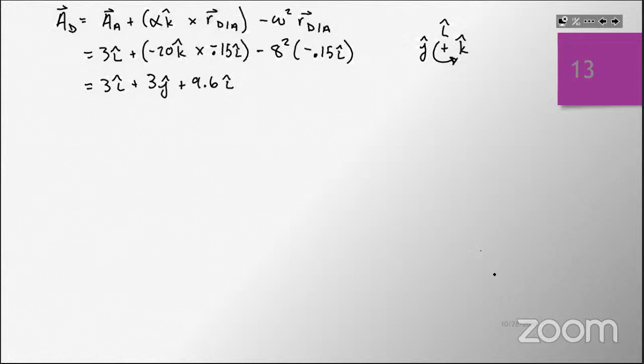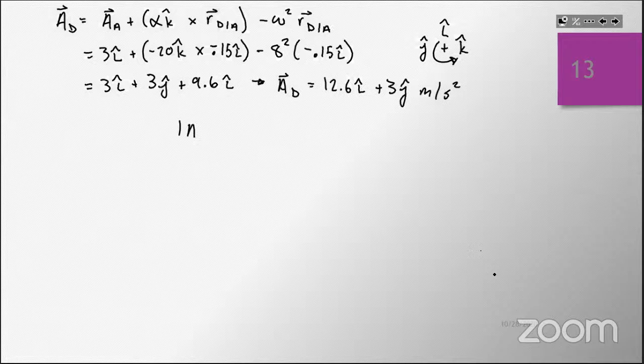Plus 9.6 I. Right? 64. Negative 64 times negative 0.15 is 9.6 in the I direction this time. So we can rewrite this. A sub D is equal to 12.6 I plus 3J, in meters per second squared.